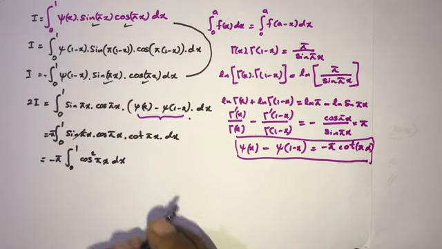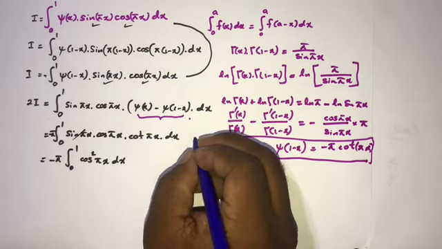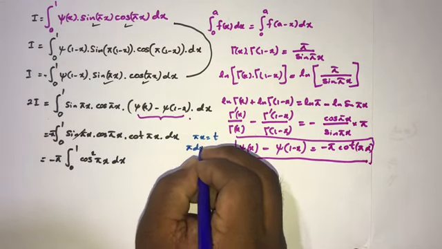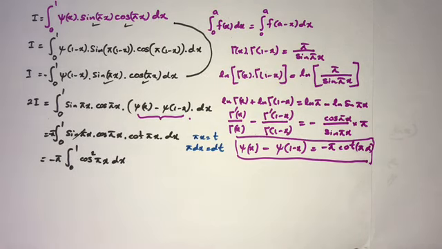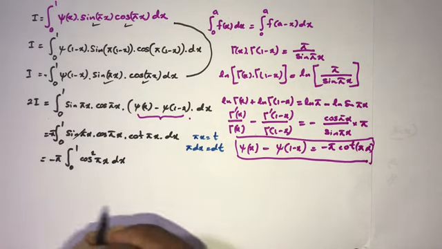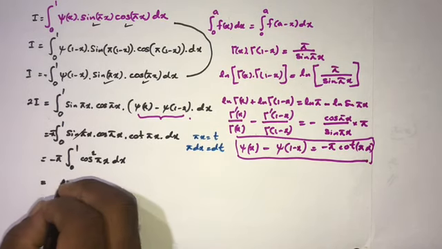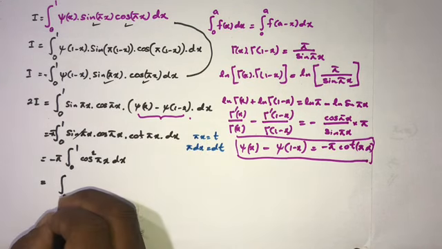Okay, then I'm going to take a substitution. If we take pi x is equal to t, then we know pi dx is equal to dt, and also we should change the limits. When x approaches 0, we know t also approaches 0.